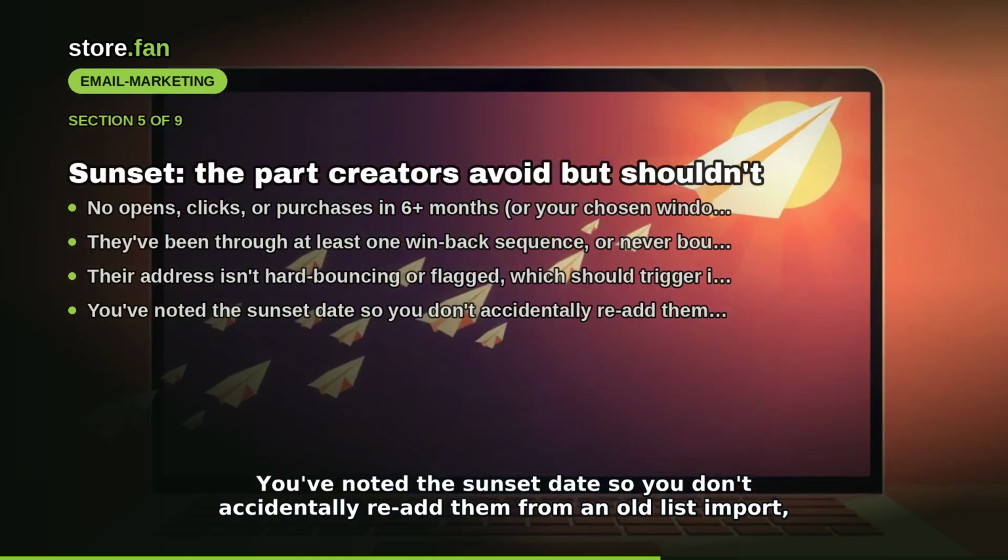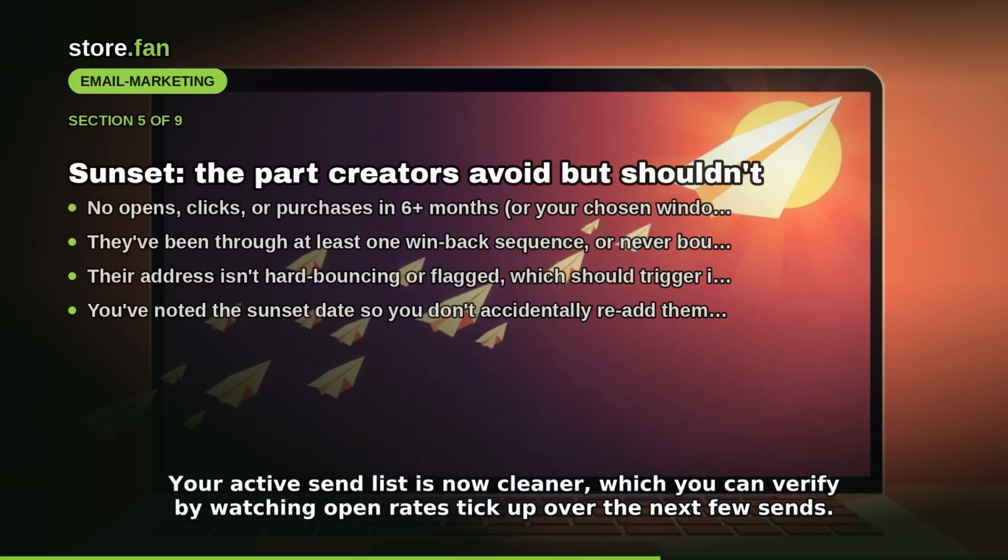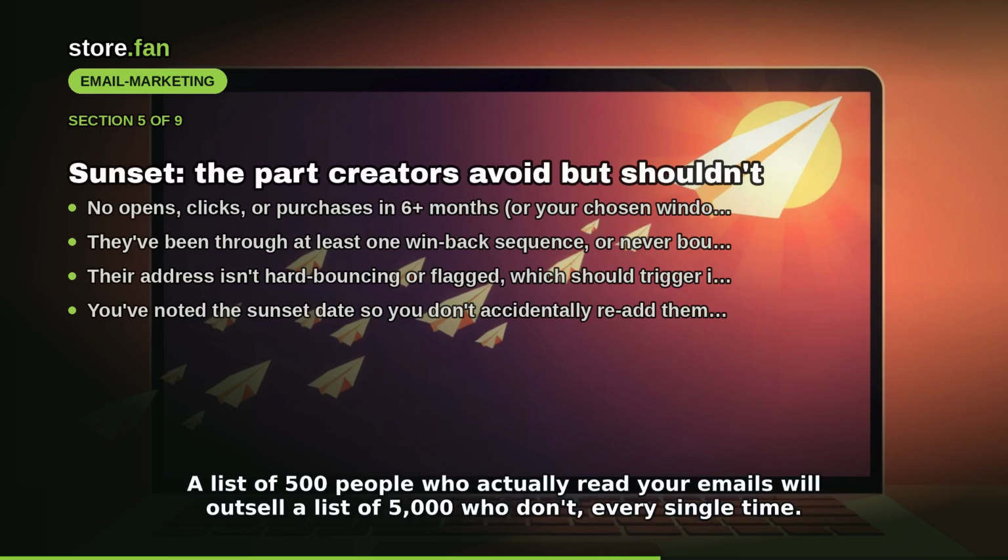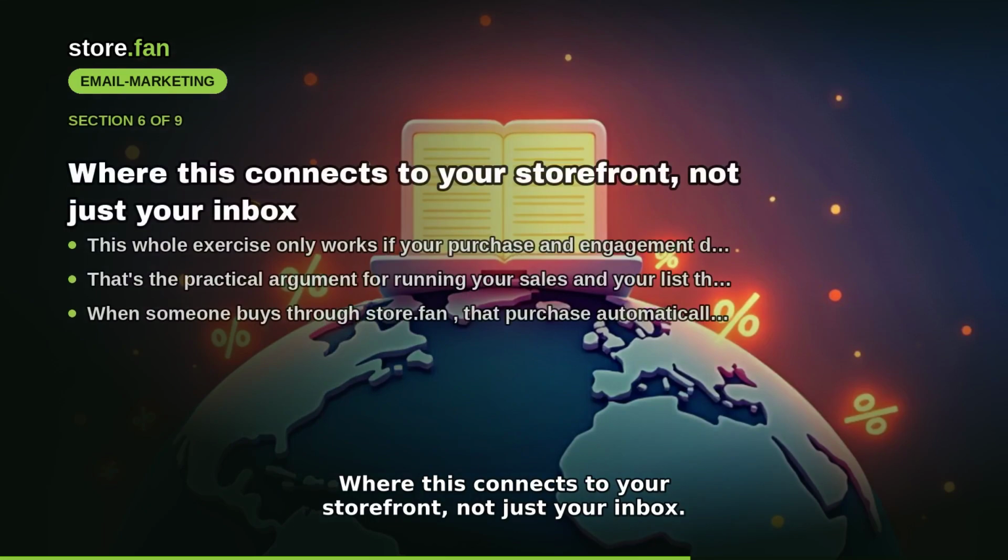You've noted the sunset date so you don't accidentally re-add them from an old list import. Your active send list is now cleaner, which you can verify by watching open rates tick up over the next few sends. A list of 500 people who actually read your emails will outsell a list of 5,000 who don't, every single time. Where this connects to your storefront, not just your inbox.